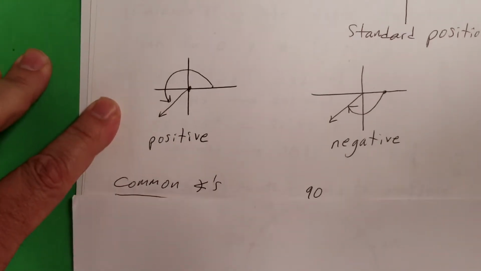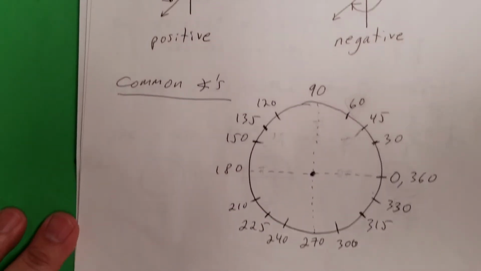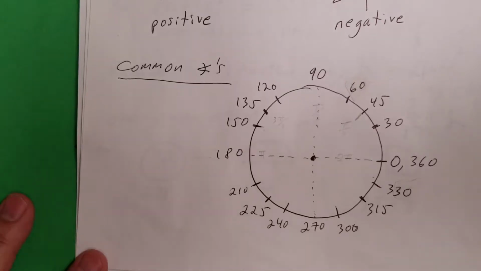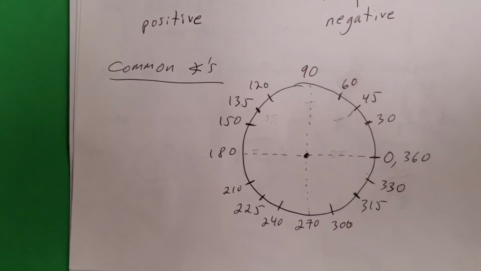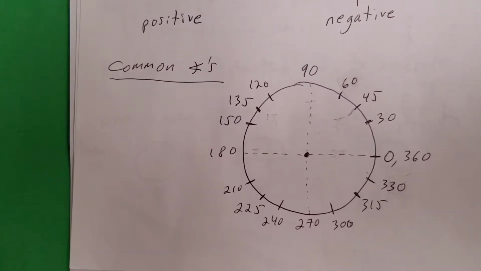The other thing you need to know is the common angles, right? So remember, angles are parts of circles. I know it looks like a lot, but if you look closer, by common angles, we're really talking about the special angles, okay? Special angles because they're easier to work with, and we already know the answers.